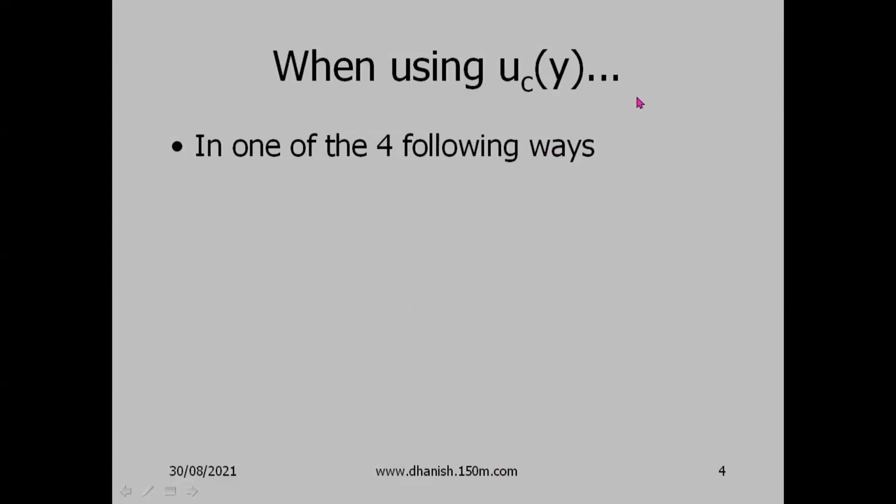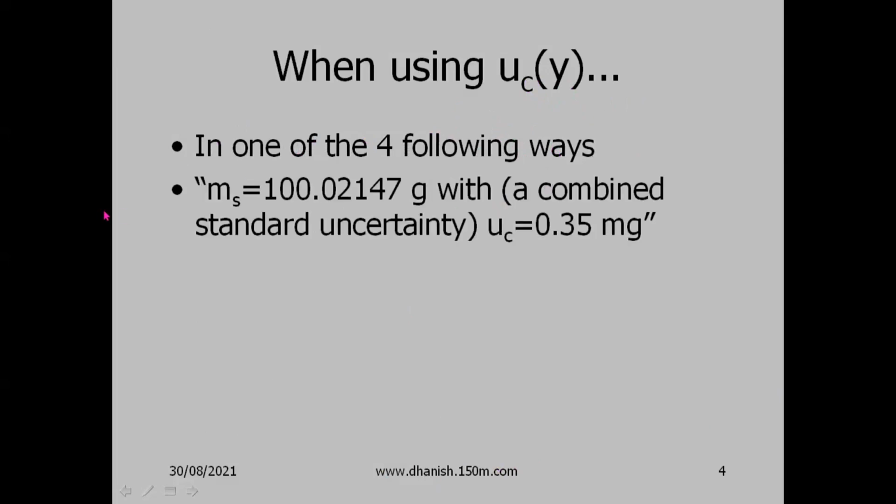Then how do you finally give the measurement result? ISO recommends giving the combined standard uncertainty, and they suggest four ways. For example, if you are giving the standard mass, MS equal to 100.02147 gram with a combined standard uncertainty UC equal to 0.35 milligram.